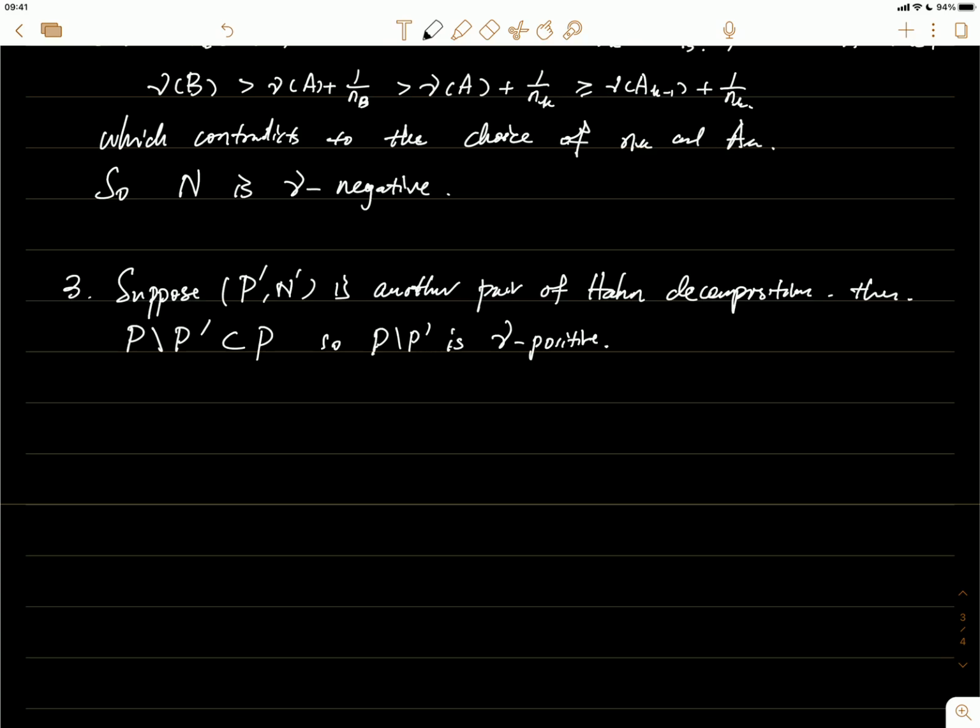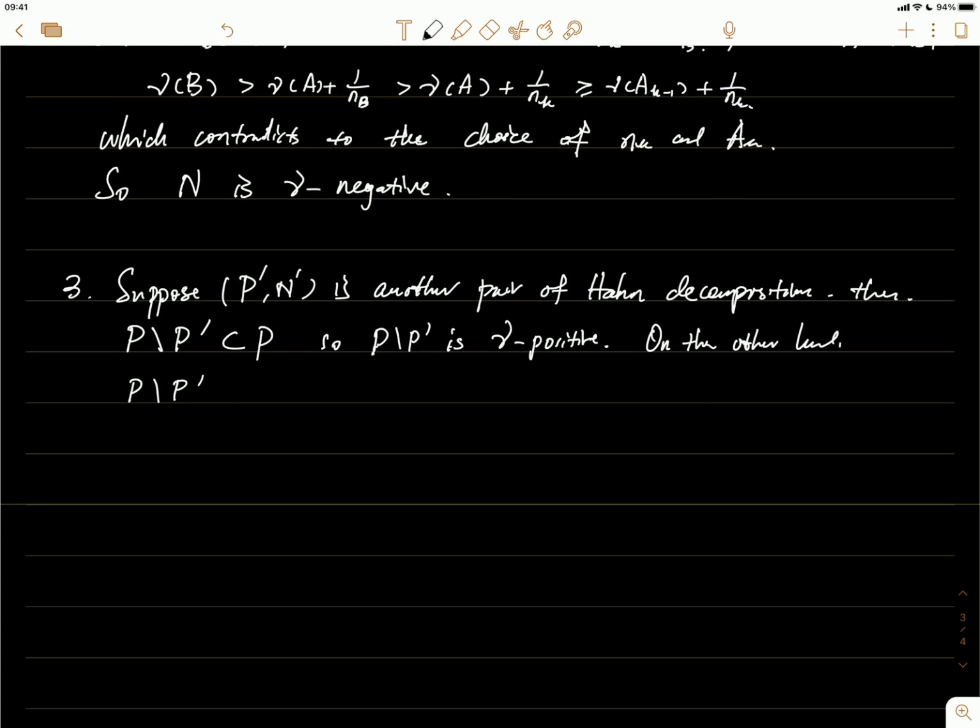All right. So we know that P minus P prime is nu positive, but on the other hand, we also know that P minus P prime is a subset of N prime.